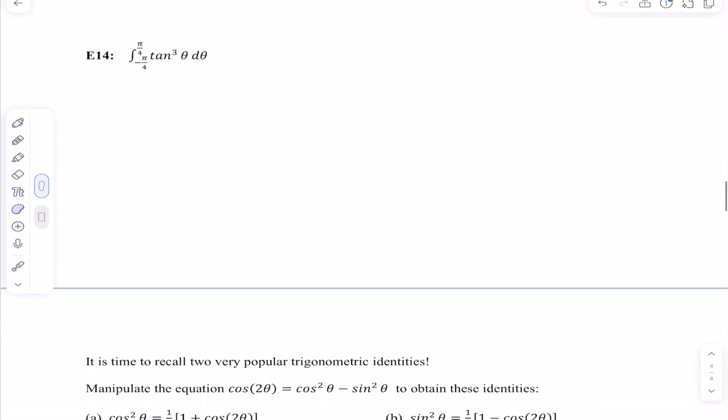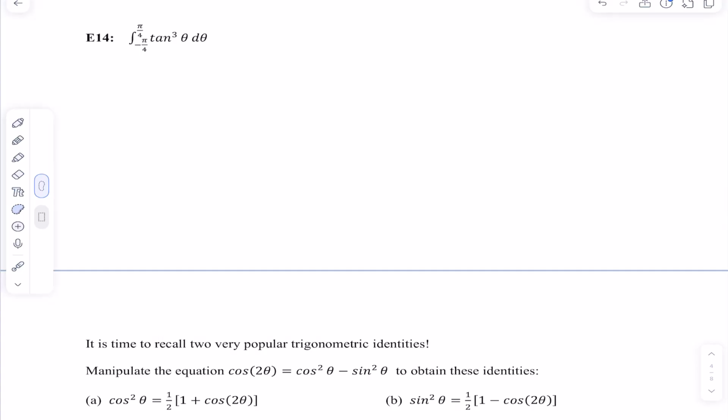Here's another function. First thing you want to do is actually verify that the continuous function that's given is actually odd. So we're going to define that function f of theta to be the third power of tangent of theta. We're going to observe f of the opposite of theta and see what happens.